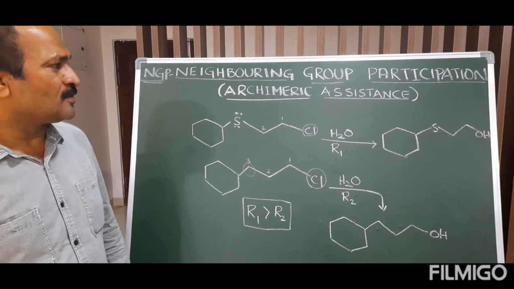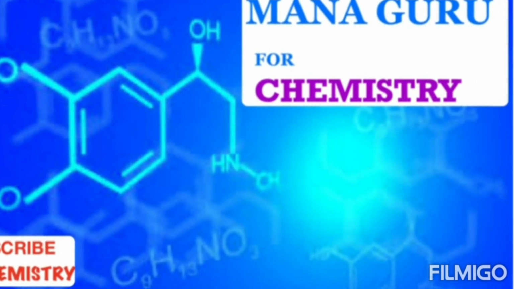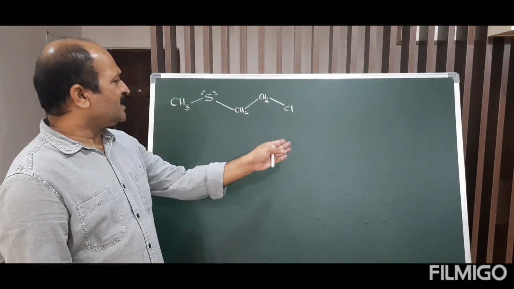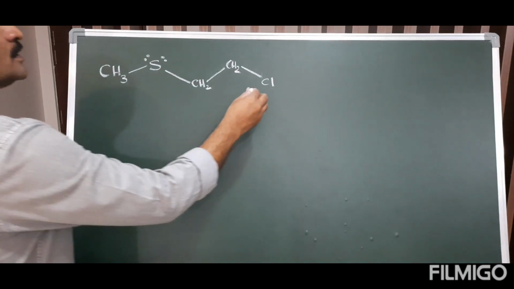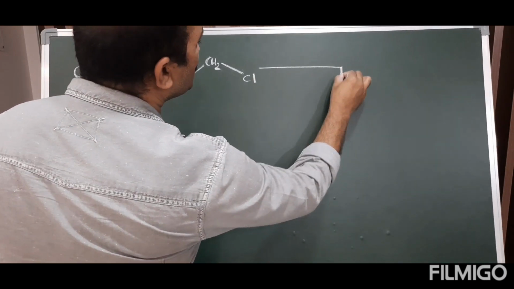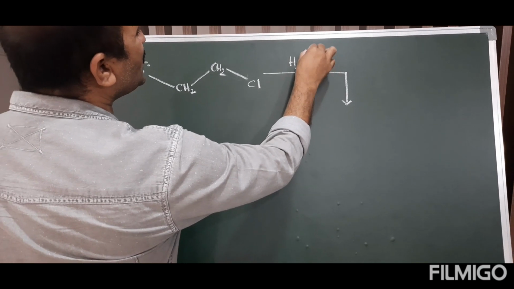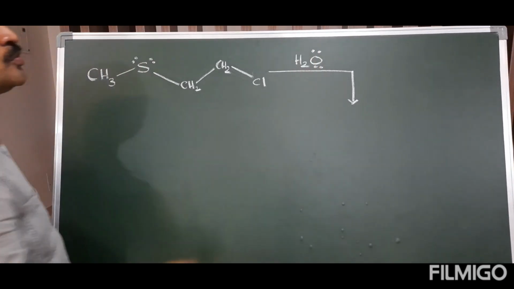Right, let us take an example. Students, to explain the mechanism, I am taking this molecule. Here I want to treat the given compound with water. Water is the nucleophile because it has a lone pair.